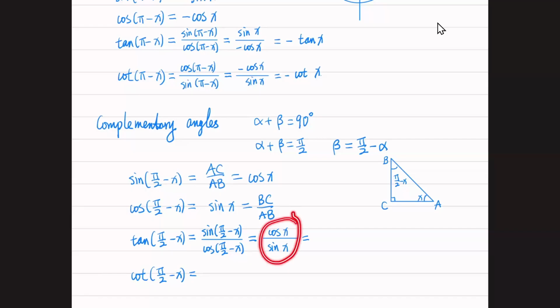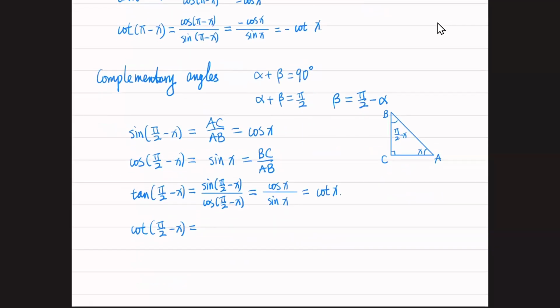I think that's cotangent. Okay. I should have gotten that. That's okay, sometimes we can just get stuck by easy stuff.